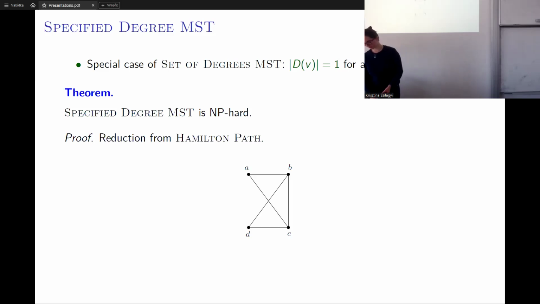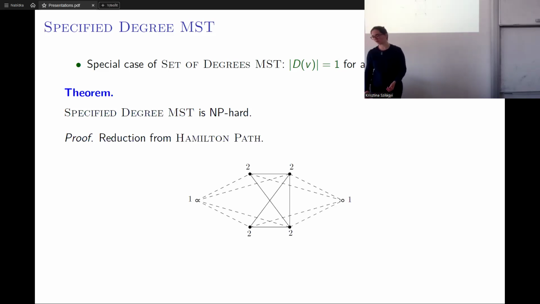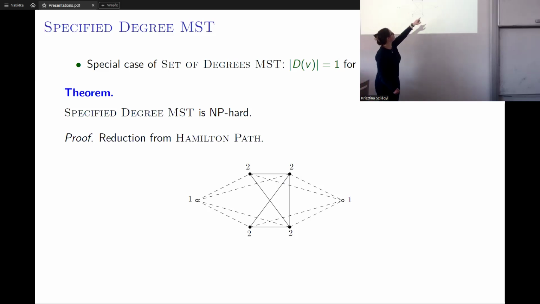If we start from some graph, we can add 2 dummy vertices with requirement 1 and make everything in the graph have requirement 2. Now the MST that satisfies the degree requirements will actually be a Hamiltonian path, because the vertices that are connected to these 2 added vertices will be the start and end of the path, and everything else has degree 2.